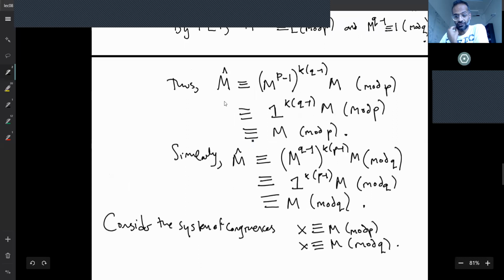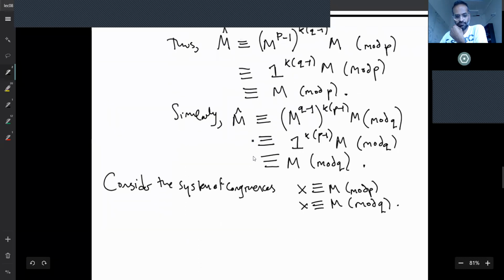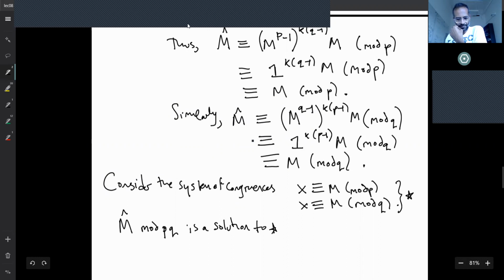So I have just produced a solution to this, namely m hat. So m hat mod PQ is a solution to this system, to this star.